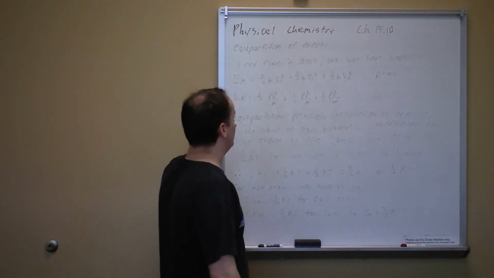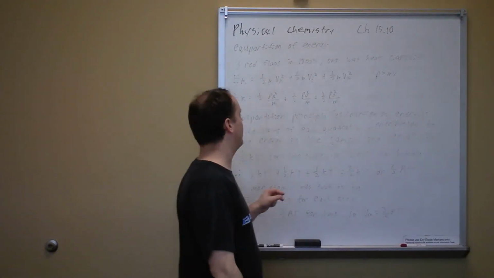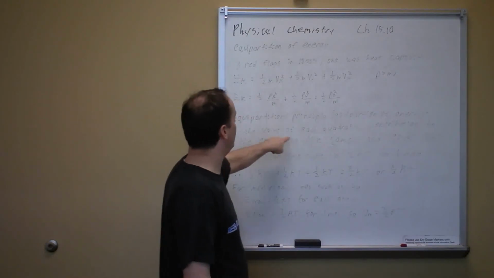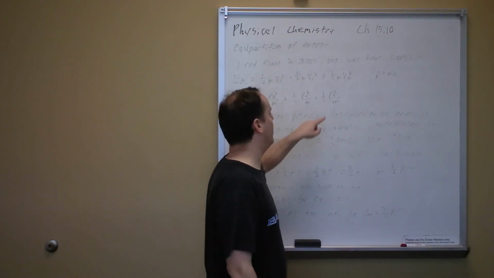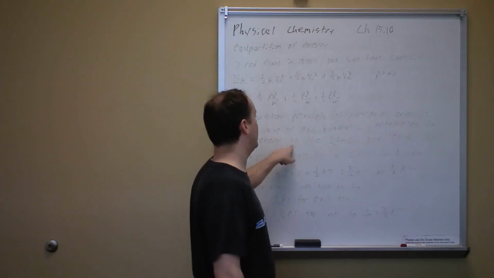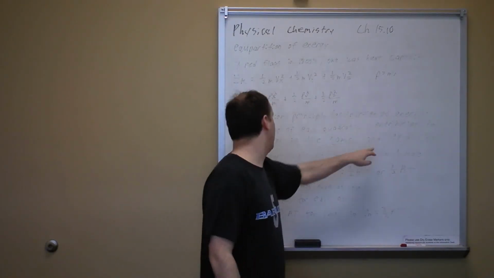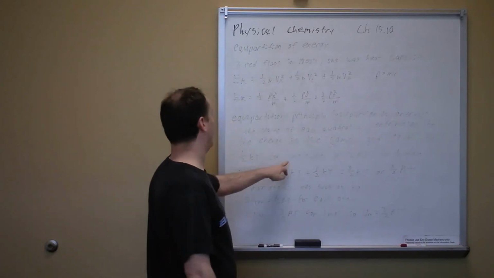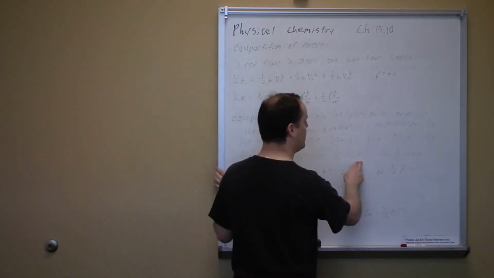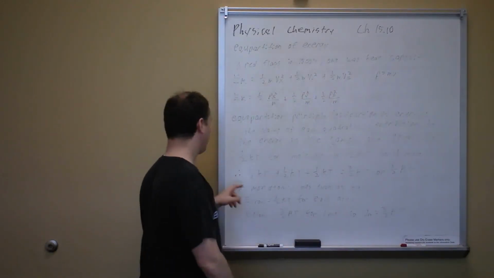Now here's what the equipartition principle, or the equipartition of energy, says. It says that the value of each of these quadratic contributions to the energy is the same. Equal, equal, equal. And it's equal to 1/2 kT for one molecule, or 1/2 RT for 1 mole.